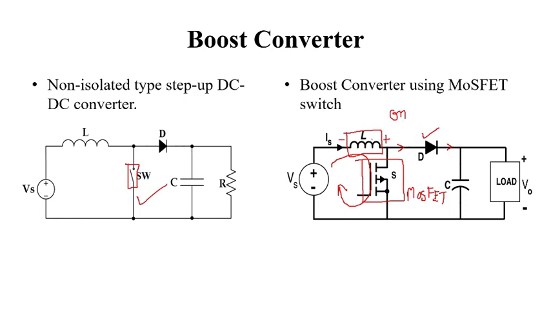Because the load is supplied by the input voltage plus the energy stored during the turn on time, the load will have Vs plus the inductor voltage. So that means during the off period of the switch, the load is supplied by the source plus the stored energy in the inductor.